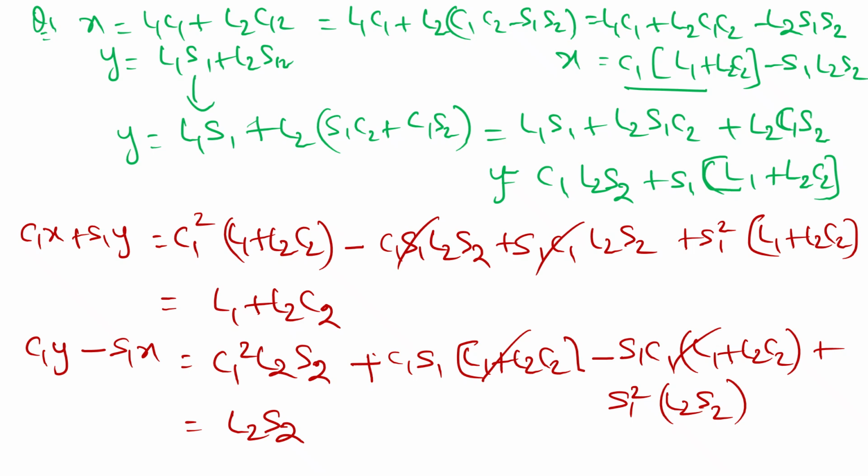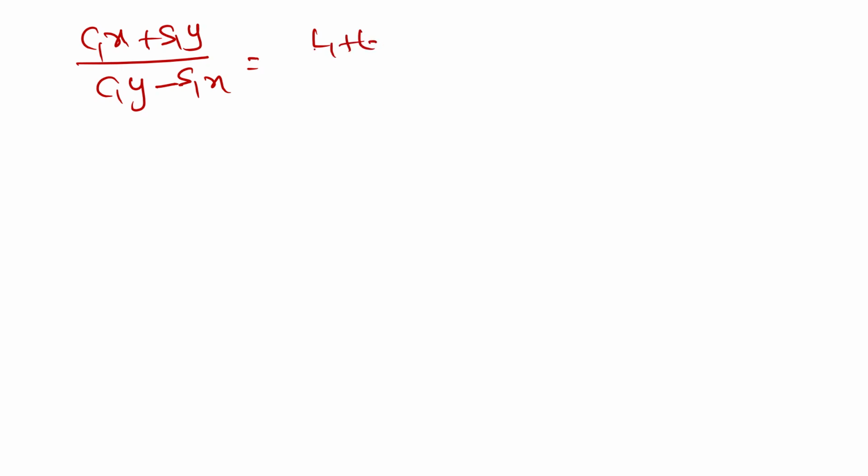I'm going to recall the next slide. Now what we have done is C1X plus S1Y, and we are going to take the ratio with C1Y minus S1X. For this, the answer we got is L1 plus L2 C2 divided by L2 S2.